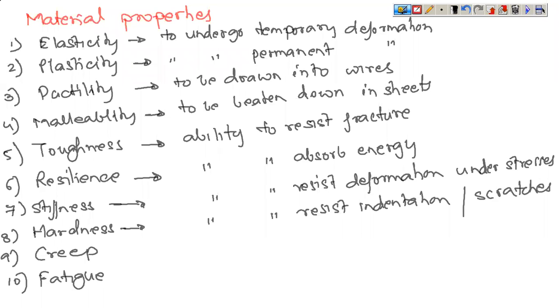So hardness is the ability of the material to resist indentation or scratches. Means under the influence of the load, there should not be any permanent scratches or indentations being produced. So if you have two materials under the same load, if they produce scratches of different shape and size, that means जिसमें scratch कम आया, that is assumed to be more hard.